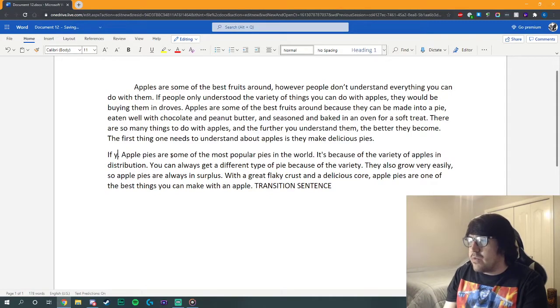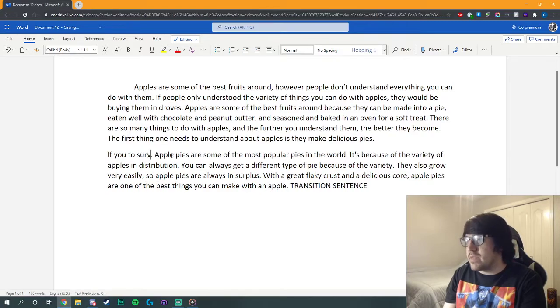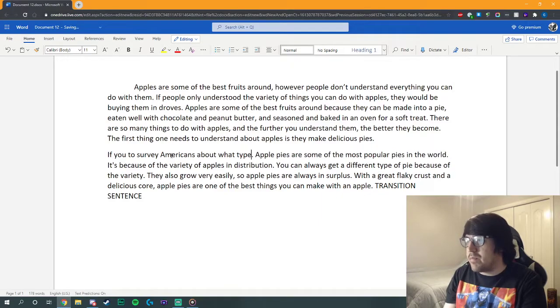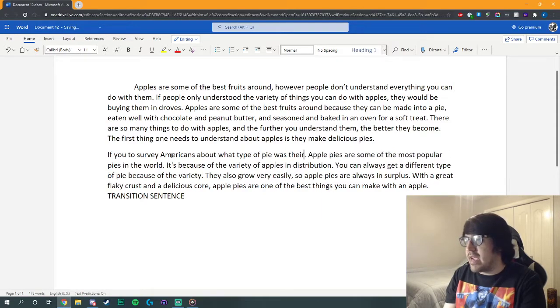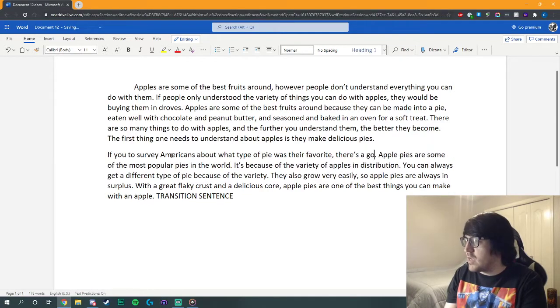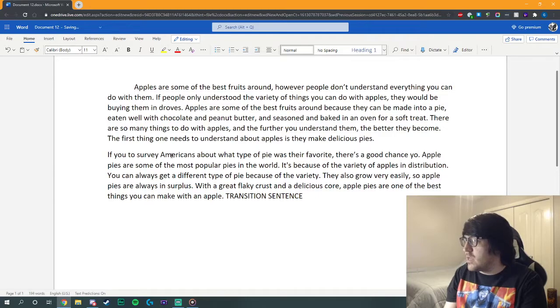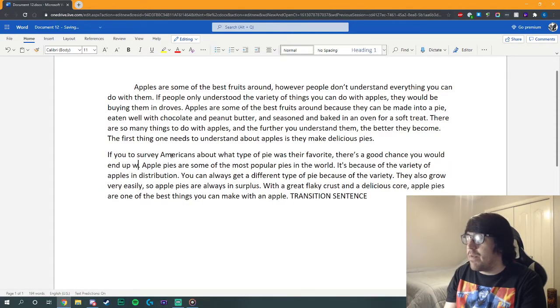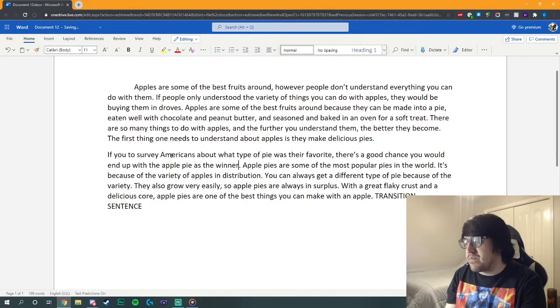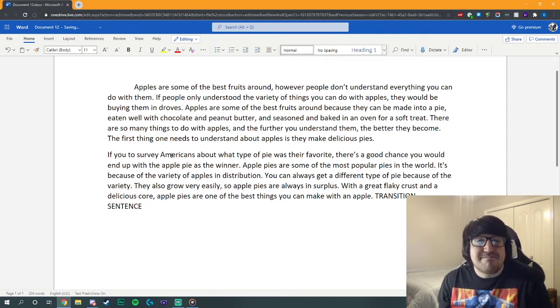If you were to survey Americans about what type of pie was their favorite, there's a good chance you would end up with the apple pie as the winner. Easy, right? Topic is about apple pies.